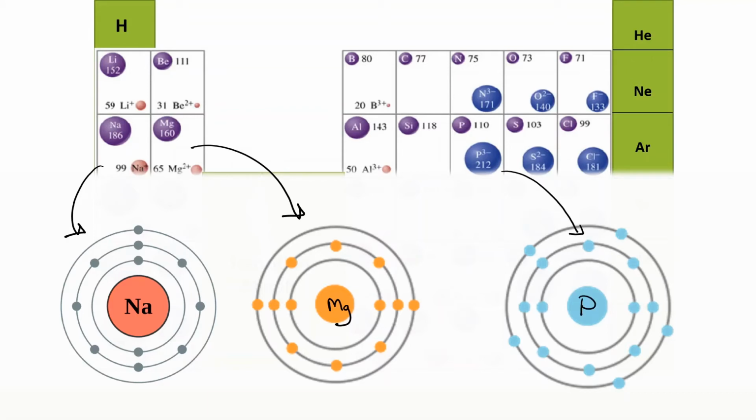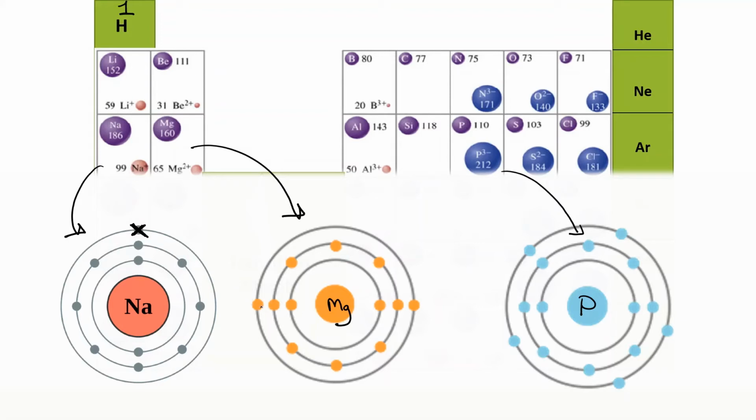Okay, so let's think about what happens when sodium forms an ion. Sodium has one valence electron, so it wants to lose that electron. So this is the most common ion for sodium, having lost an electron. Now let's look at magnesium.